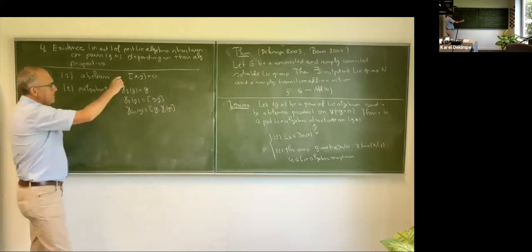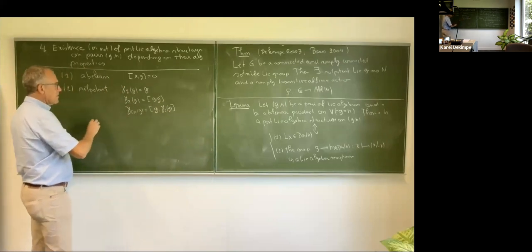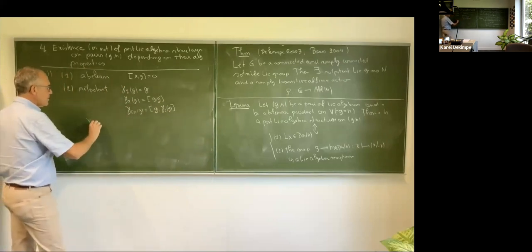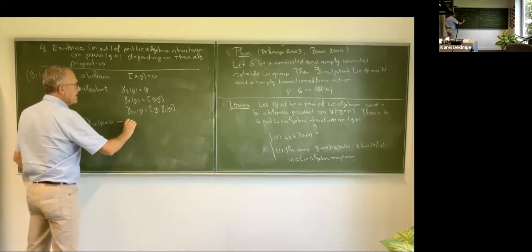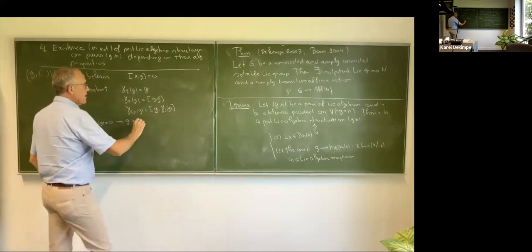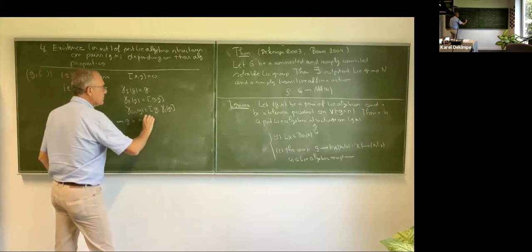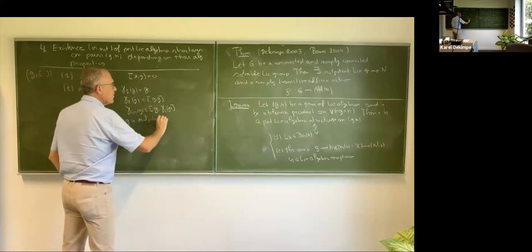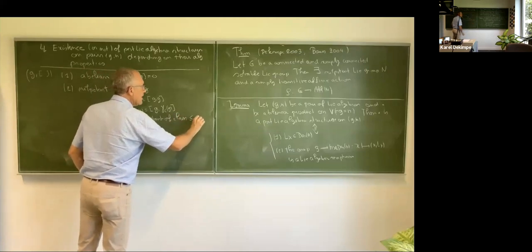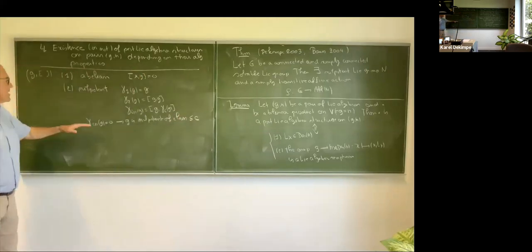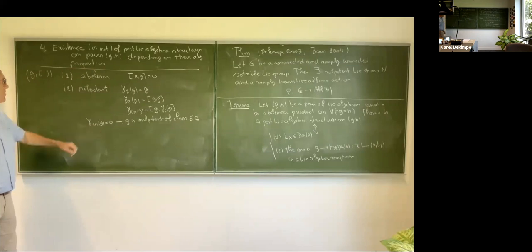If this goes to 0 for a certain element, so gamma_{c+1} is 0, then we say that g is nilpotent of class less than or equal to c, and then this is the first one for which we get 0, it's really nilpotent of class c, or c-step nilpotent.